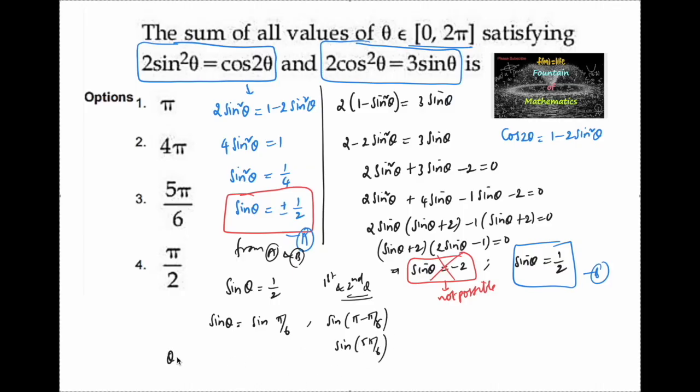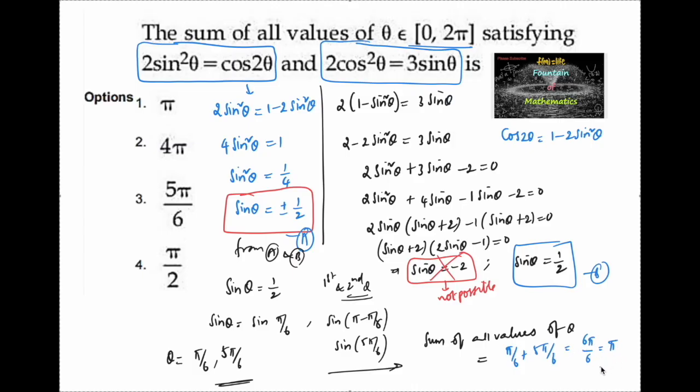So the solution is theta is equal to pi by 6 and 5 pi by 6, and the sum of all values of theta is equal to pi by 6 plus 5 pi by 6, that is 6 pi by 6, which is equal to pi. So pi, which is option 1, we can go with option A.